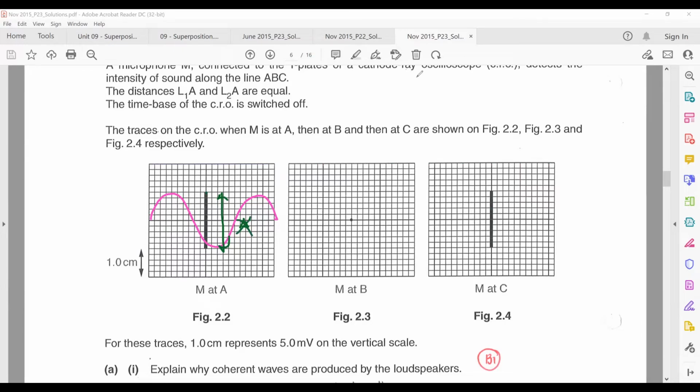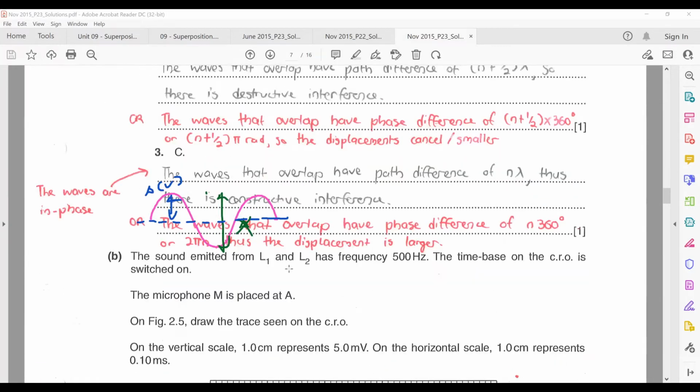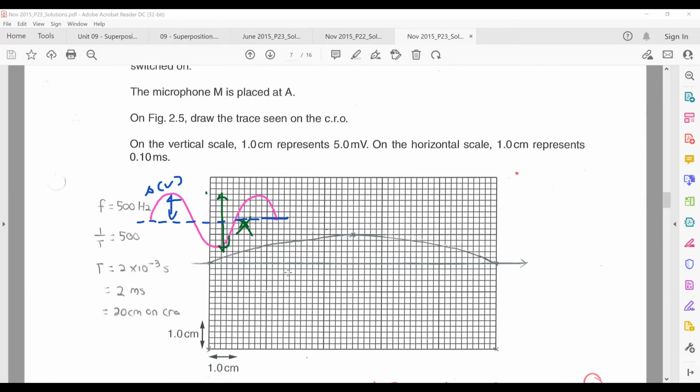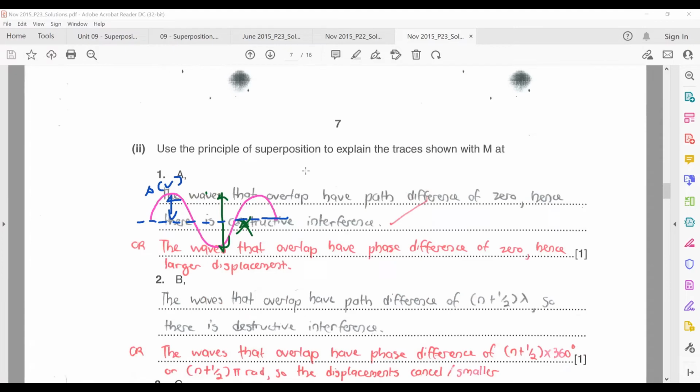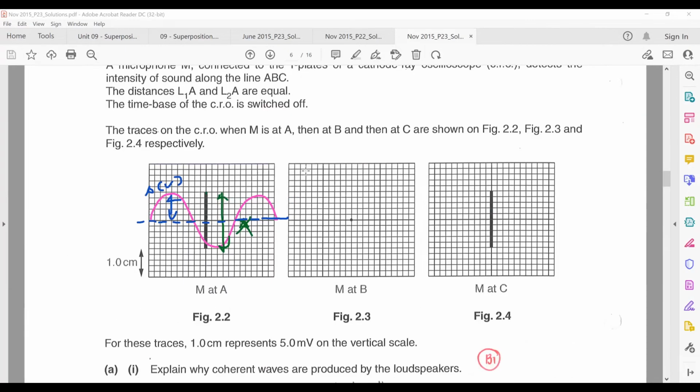Your A is really only supposed to be half of the length that you see here. So this is actually supposed to be your amplitude. This is the correct amplitude. So right now you want to draw the wave that you see there. Let me just base it on what you have here.